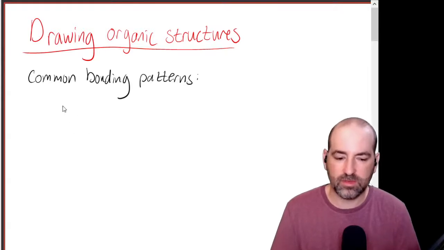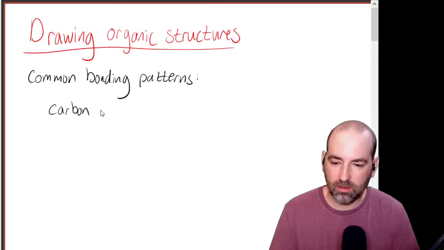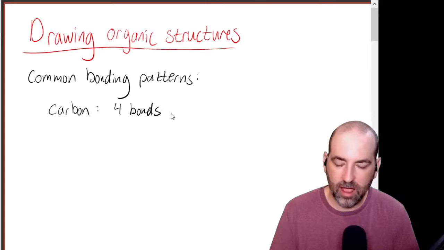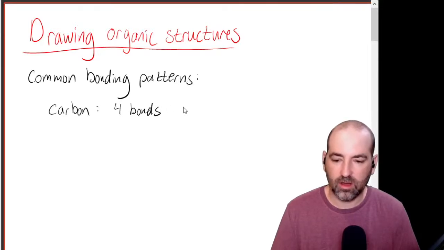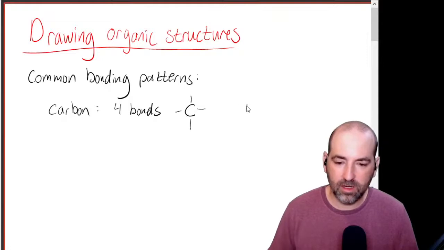And you may have seen some of this stuff before, maybe not. Carbon usually makes 4 bonds to other atoms besides itself. That can look like this, where the carbon atom is connected in 4 ways. It can also make multiple connections.